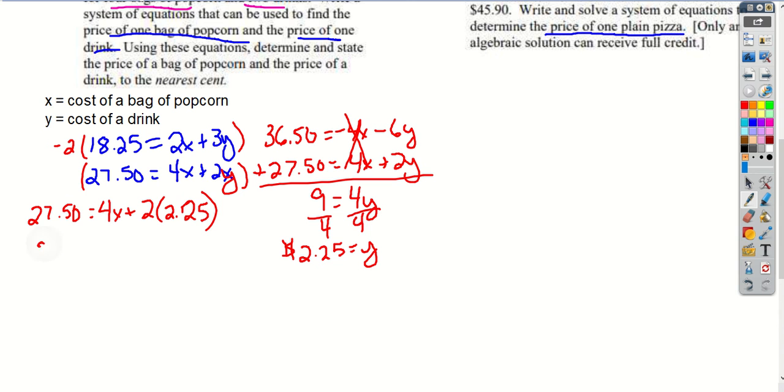And so we're going to get 27.50 equals 4x plus, and this is essentially 225 and 225, which is 450, so 4.50. We'll subtract the 4.50 from both sides, and we should end up with 23.